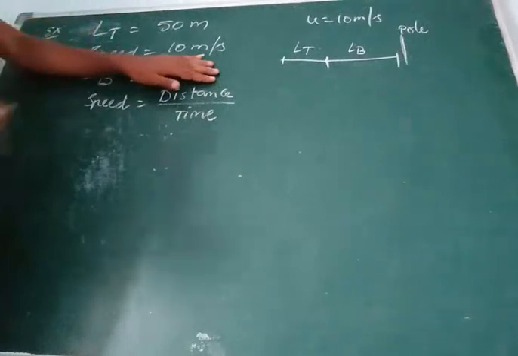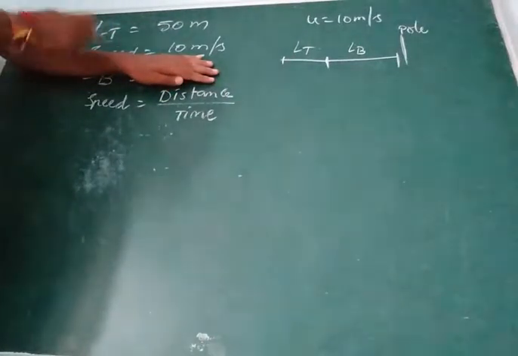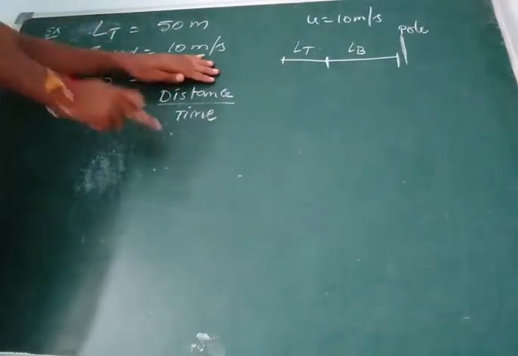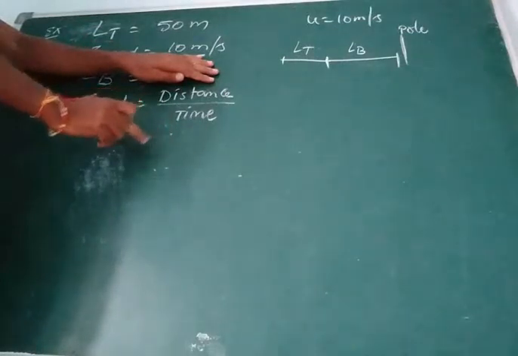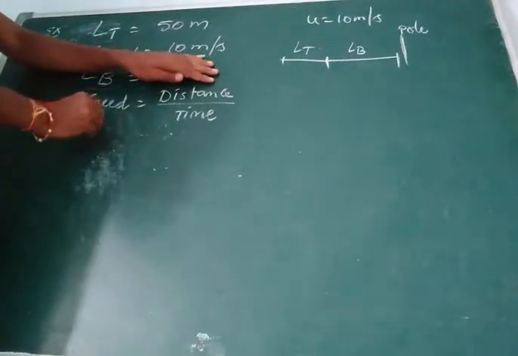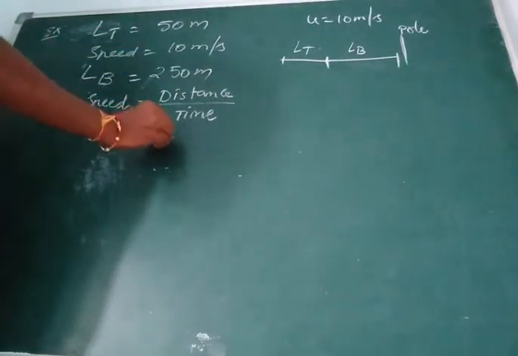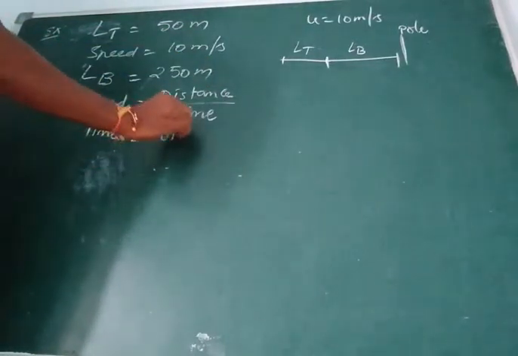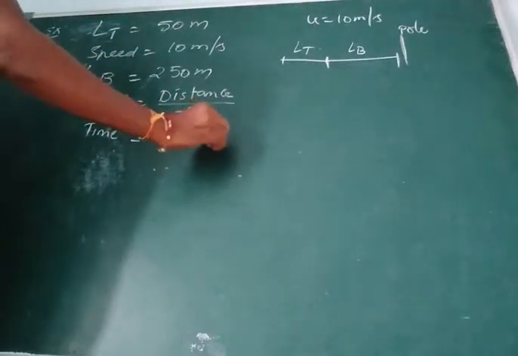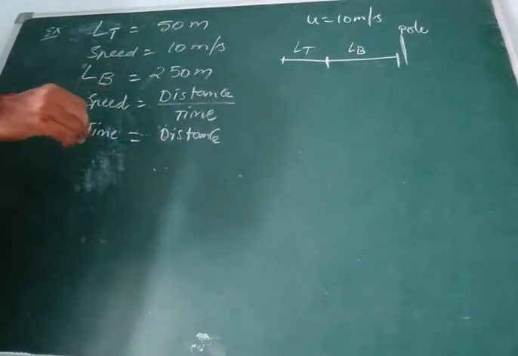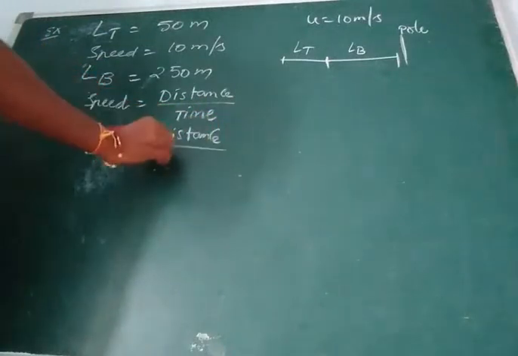The length of the train is 50 meters. By using this length and speed, we can calculate time. So time is equal to distance by speed.